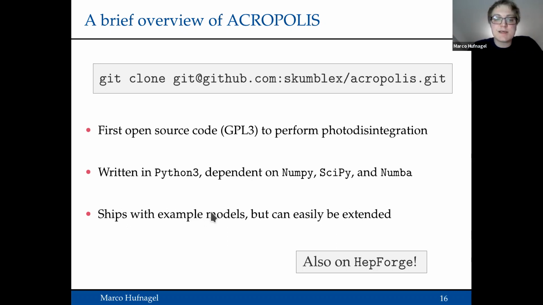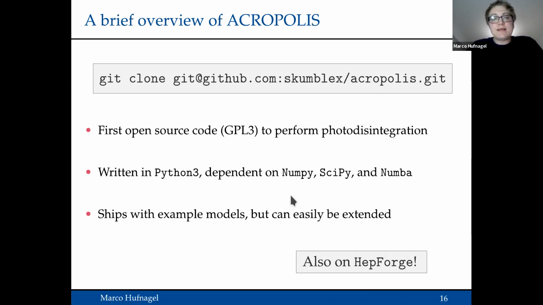However, while developing ACROPOLIS, we also made sure that it's quite easy to implement your own models in case it's not covered by these example models. I will also talk about this a little bit at the end. And of course, it's now also finally on HepForge. So if you have any ethical concerns about cloning, then you can just get it from HepForge instead, and you're basically good to go, because these versions should always match.